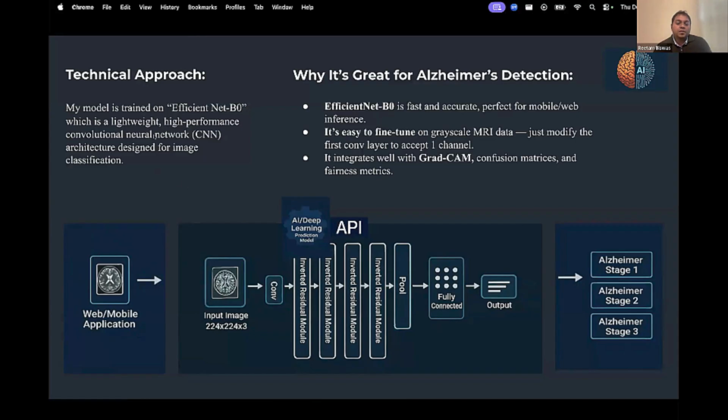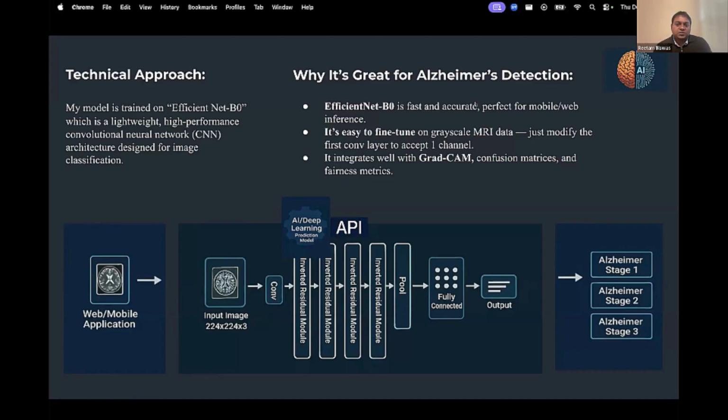The model is built upon a CNN network, but I have tried different existing models, and the efficiency I can see is that it works best with EfficientNet-B0. That's one of the CNN models we have as part of PyTorch TorchVision.